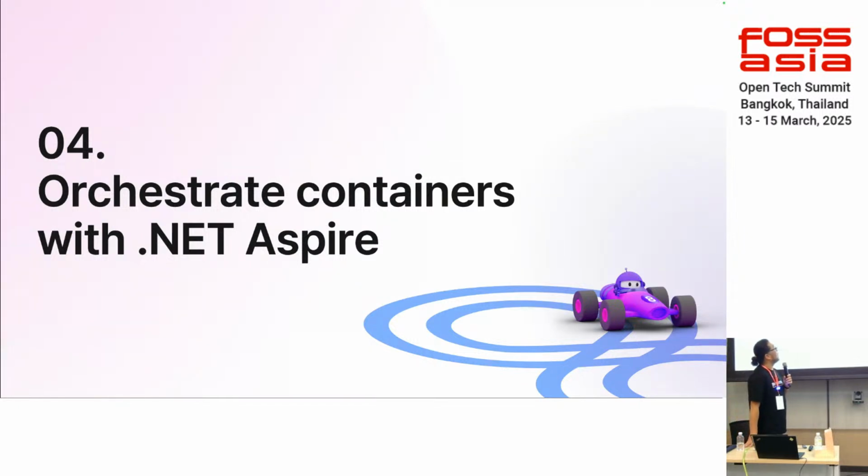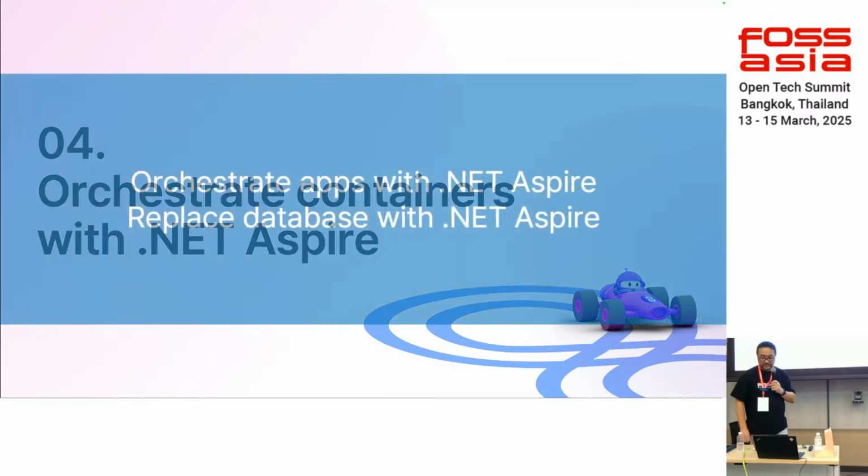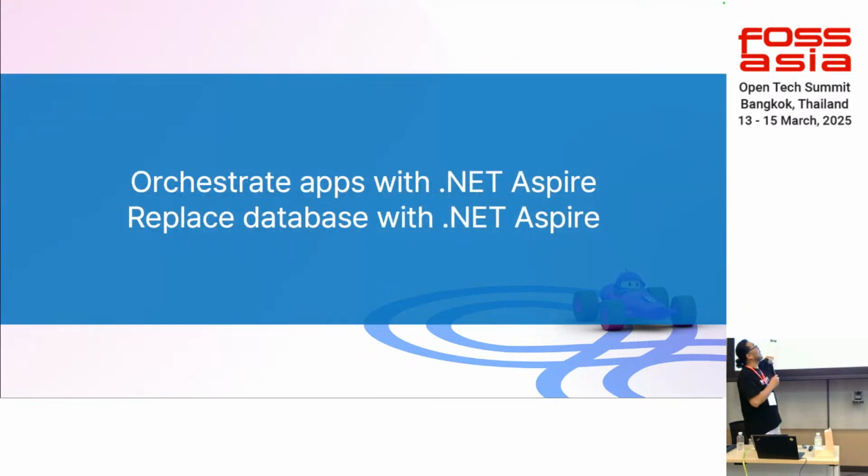So I will give some brief idea of what we are going to do in the next step. We are going to use .NET Aspire. As I said before, .NET Aspire is a container orchestration tool, a container orchestration framework. Even if it's written in .NET, it can orchestrate every container.